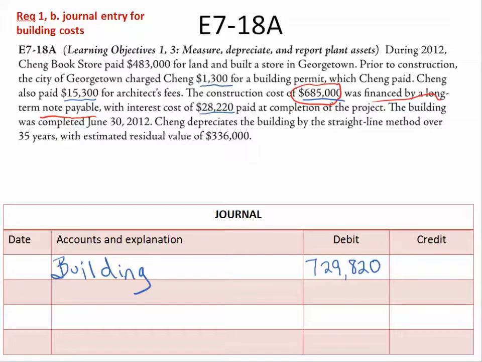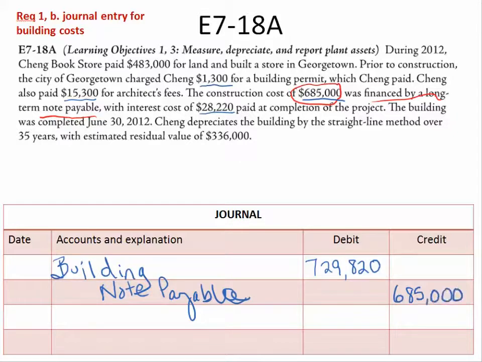So we're going to do a note payable credit, and that would be for $685,000.